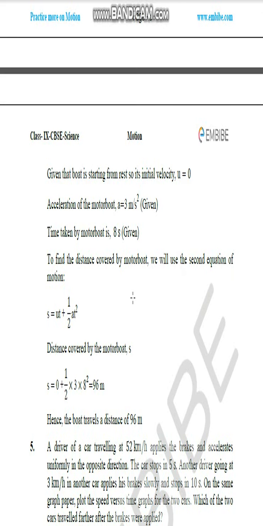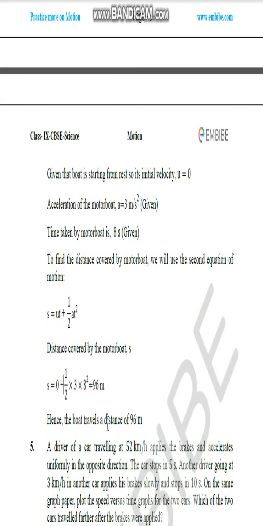No, we don't need to find the final velocity, we only need to find the distance. For distance we know the second equation of motion, s is equal to ut plus half of a t squared. If u is 0 then the ut term becomes 0, then plus half of acceleration 3, times 8 squared because t is squared, so it is 96 meters.